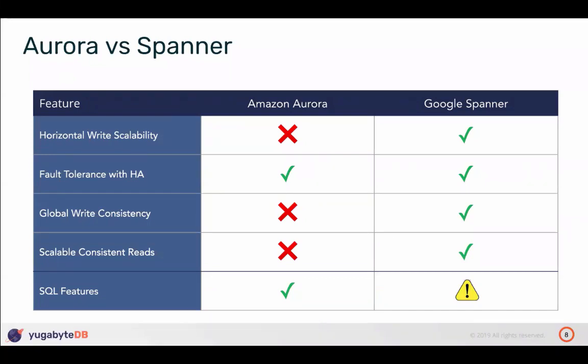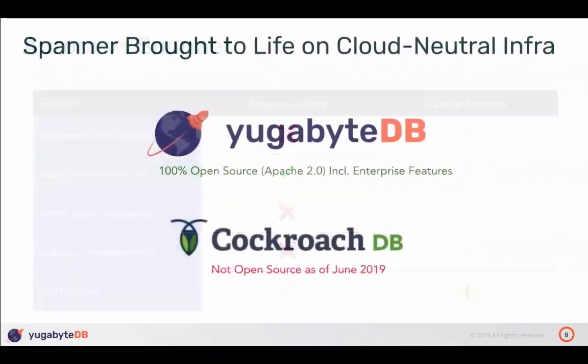So with that in mind, what becomes interesting is if you can combine the best parts of Google Spanner and Aurora to build a database. And that has given life to a couple of open source databases, YugaByte DB being one of them and CockroachDB being another. And they're both Postgres API compatible. And it so happens that YugaByte DB is 100% open source.